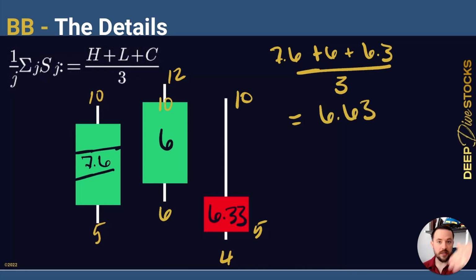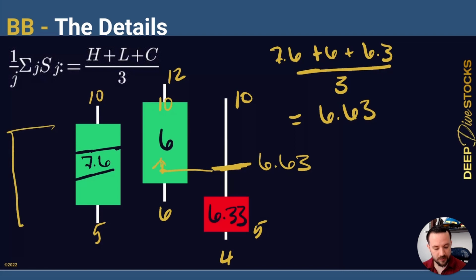So the median price line would be right about here, 6.63. And if we wanted to calculate the average price for the candle before it, we would need the additional candle, which we obviously don't have. But that's how the average price is calculated.